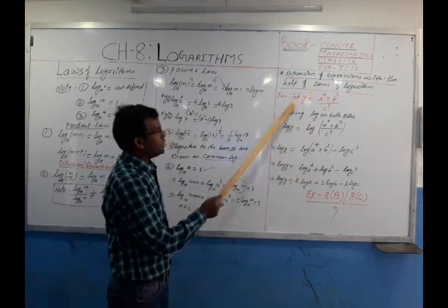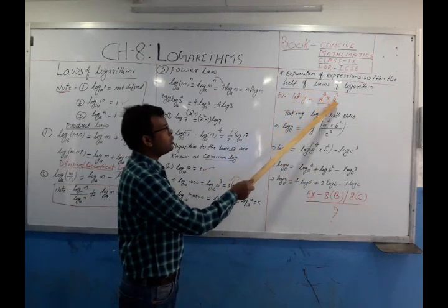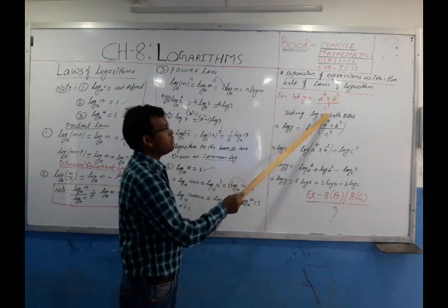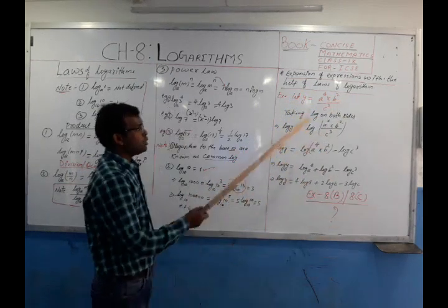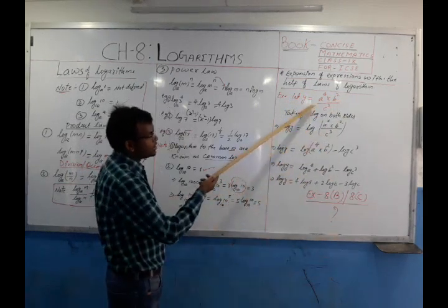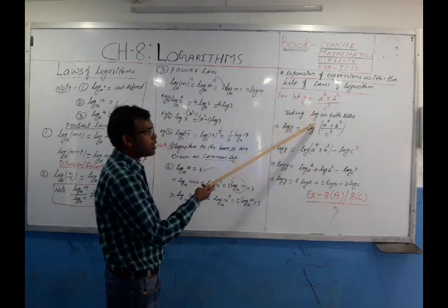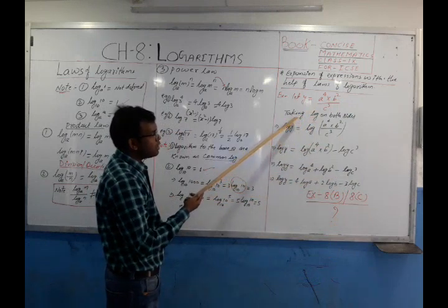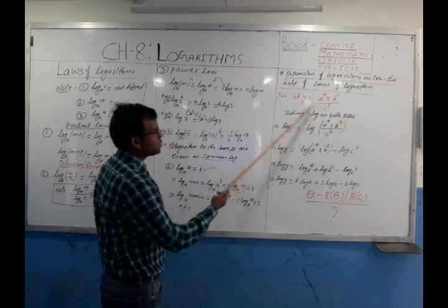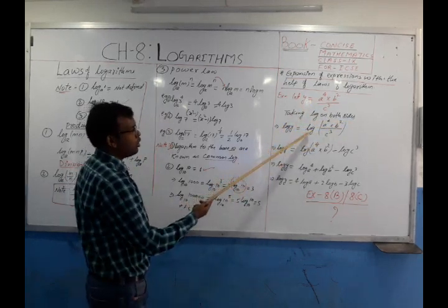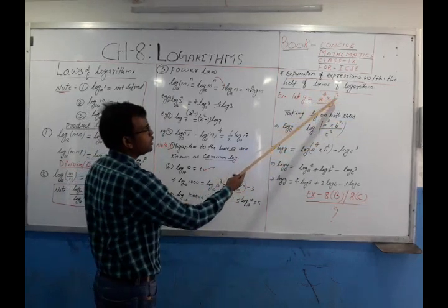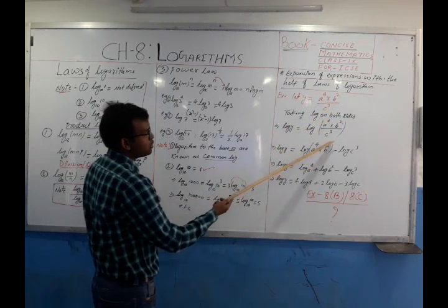We have, let y is equal to a to the power 4 into b squared divided by c to the power 3. We have to simplify this algebraic expression by the logarithm method. So you take log on both sides. So log y is equal to log of a to the power 4 into b squared divided by c to the power 3.